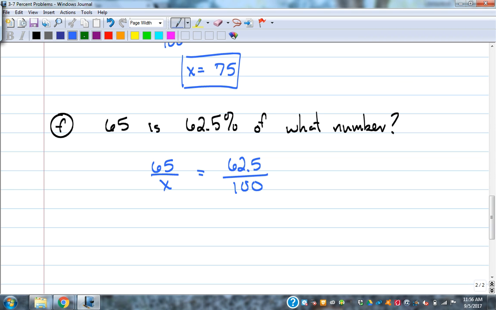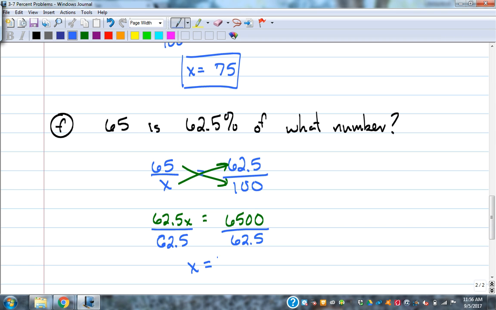Cross multiply. 62.5x equals 6,500. Divide. Somebody that's got a calculator help us out there, just to save us a little time.